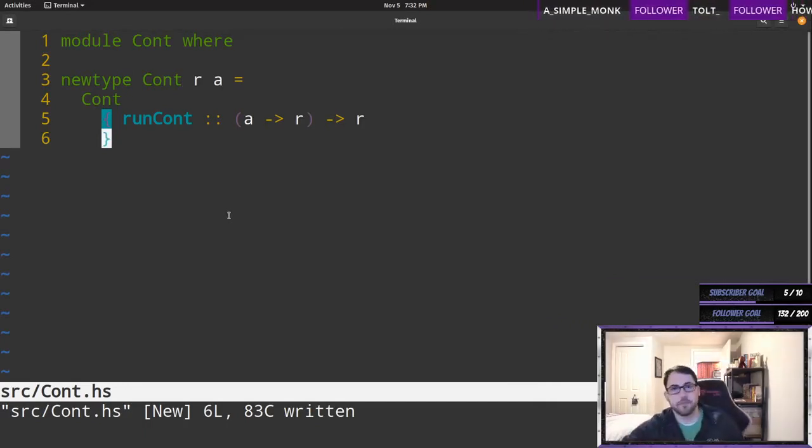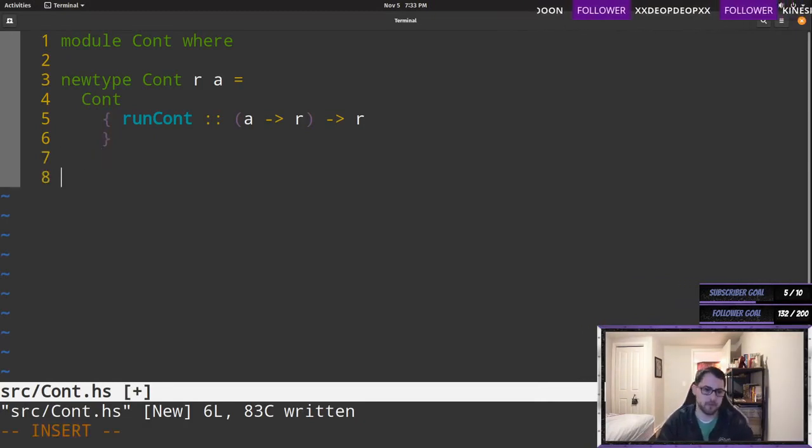Where's my water? All right, so we're gonna do chapter 10 for Book of Monads, but first I want to try and implement the continuation monad again because practice makes perfect. So we're gonna do that right quick.